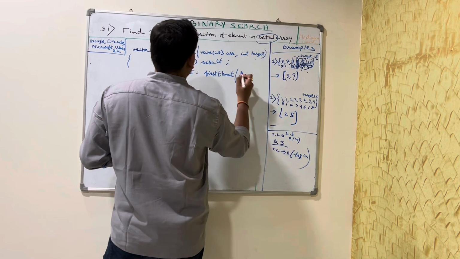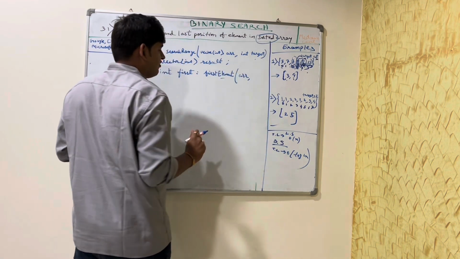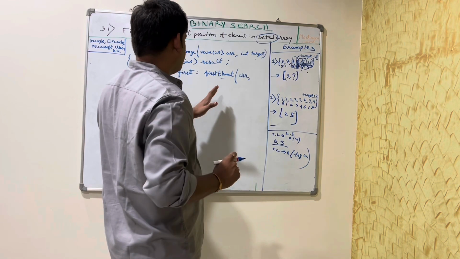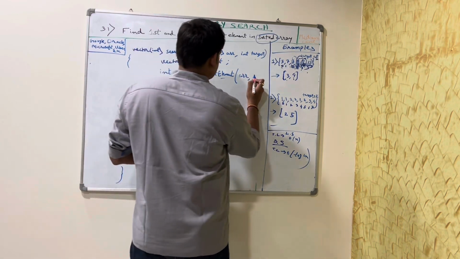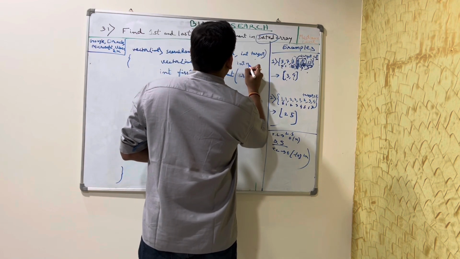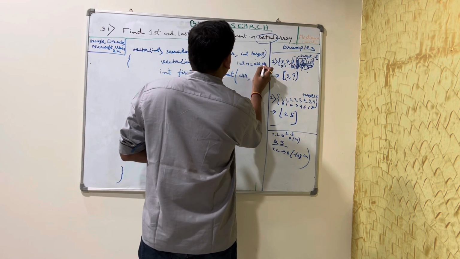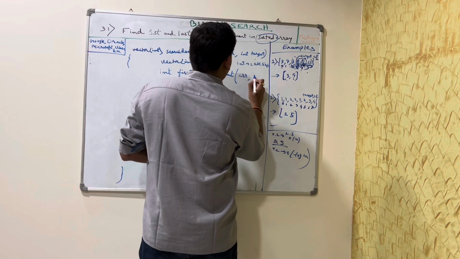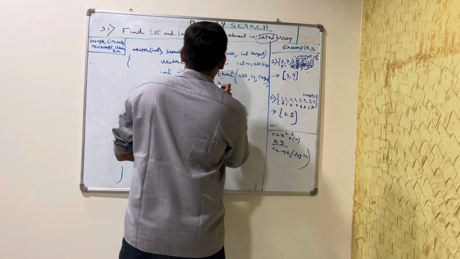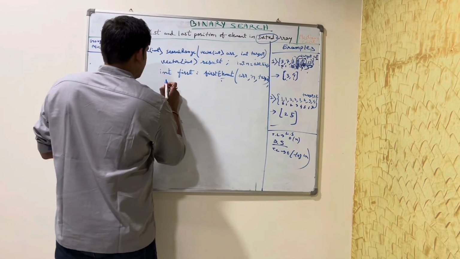Since this first element function is the function where we are applying the binary search, we will just give the size of the array, right? So int n is equal to array.size(), and we pass array, n and the target, right? Assuming this will give our first occurrence.